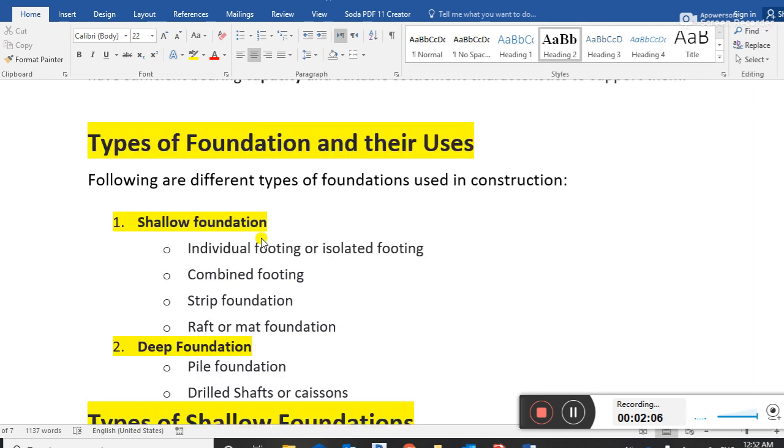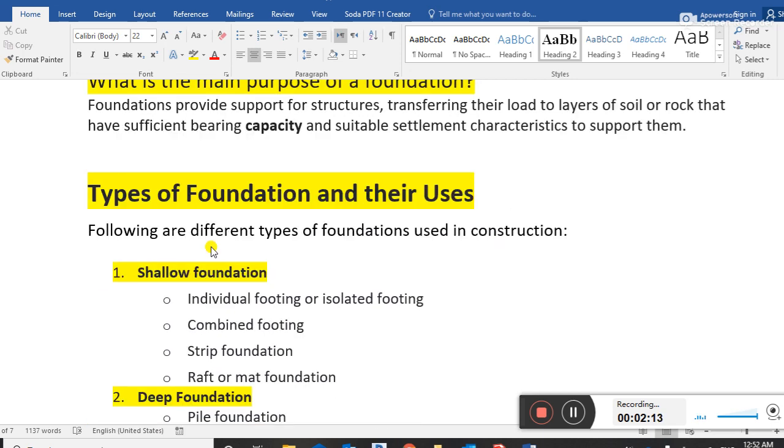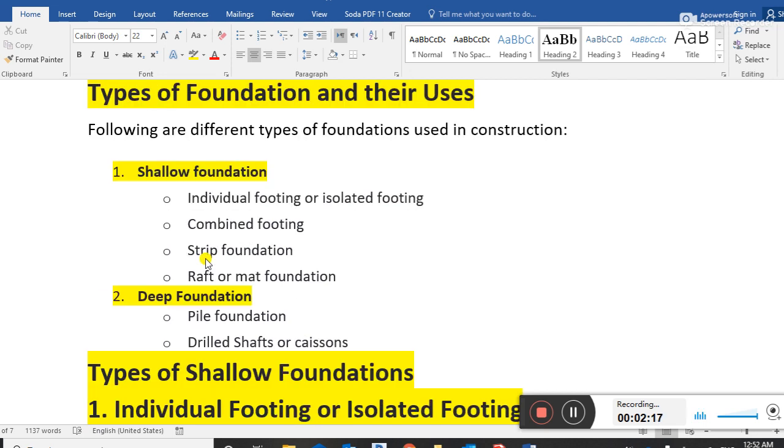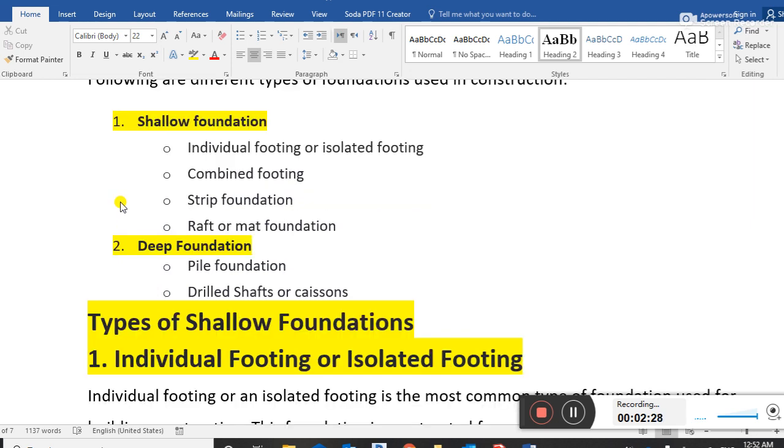Types of foundation and their uses. Following are the types of foundation used in construction. We have mainly two types of foundation. One is shallow foundation and another is deep foundation. What are the subcategories of shallow foundation?